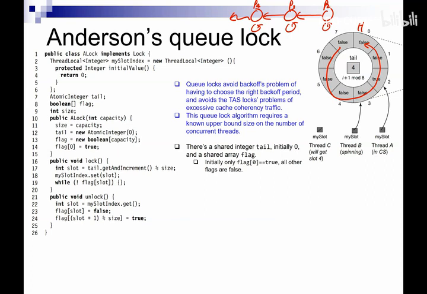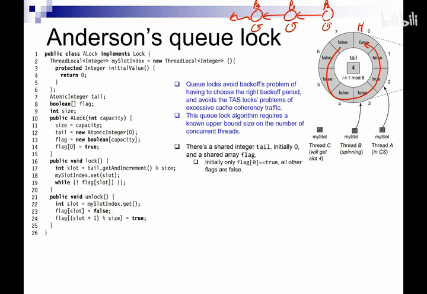All the values in the array are Boolean, either true or false. There's always exactly one true value, and the true value is basically the head of the queue. It indicates that whoever is at that position can go into the critical section.